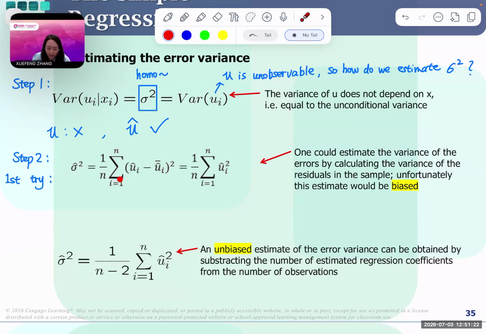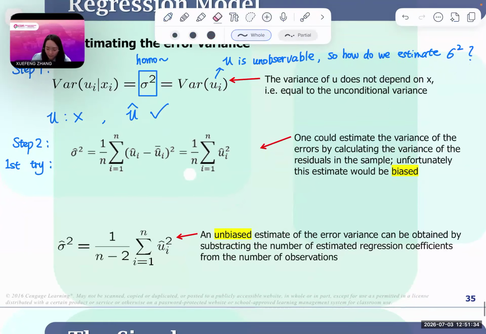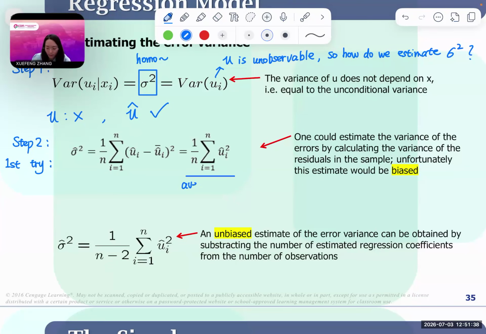We take the sum, and then we divide it by n. This means just average the squared residual, okay?